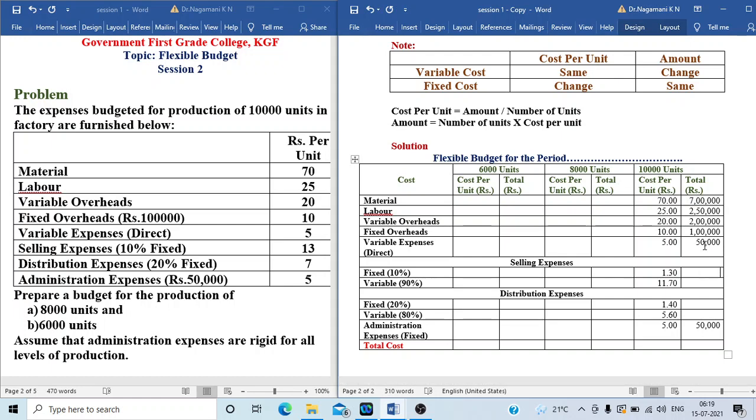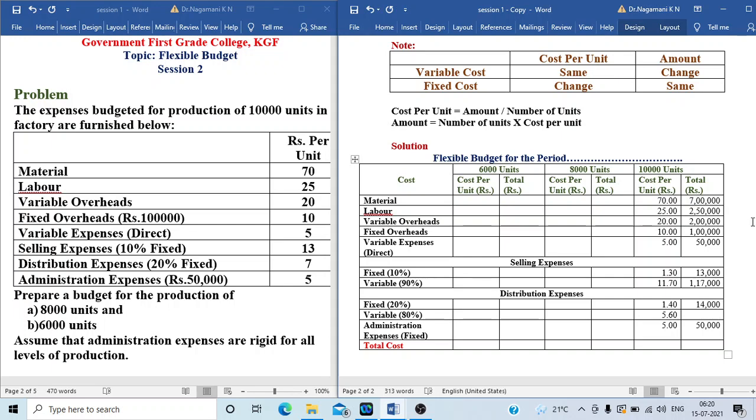Next, selling expenses fixed cost per unit is 1.3 into 10,000 units 13,000. Next, variable expenses, that is selling expenses, under that variable is 90%. 11.70 is the cost per unit into 10,000 is 1,17,000. Next, distribution expenses, under that fixed is 20% and cost per unit is 1.40 into 10,000 units 14,000.